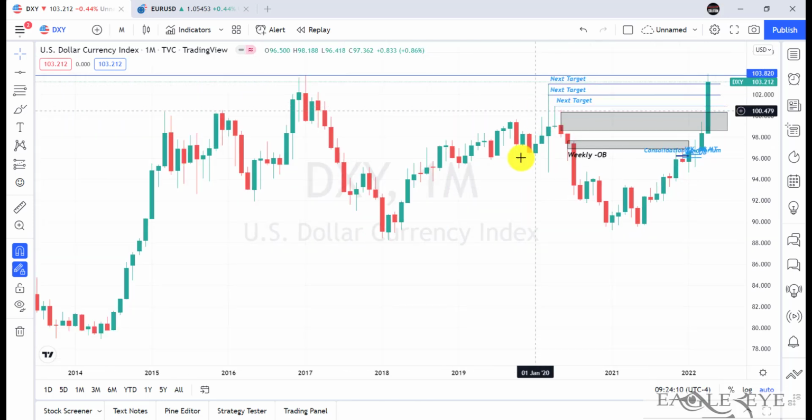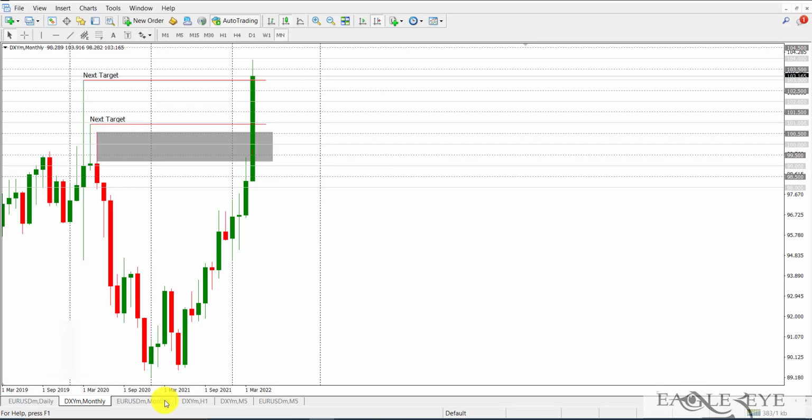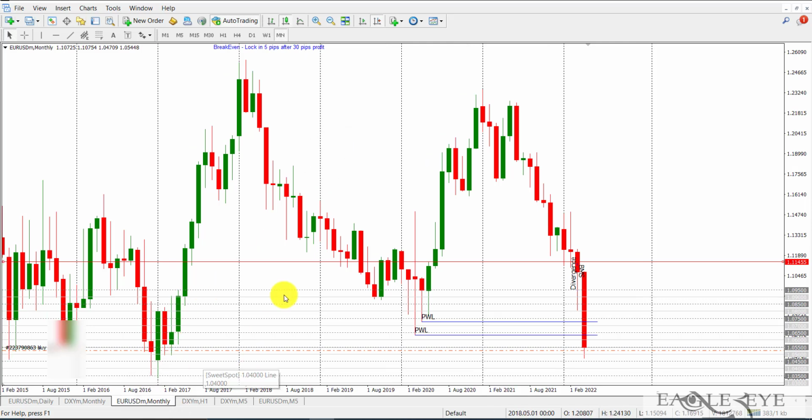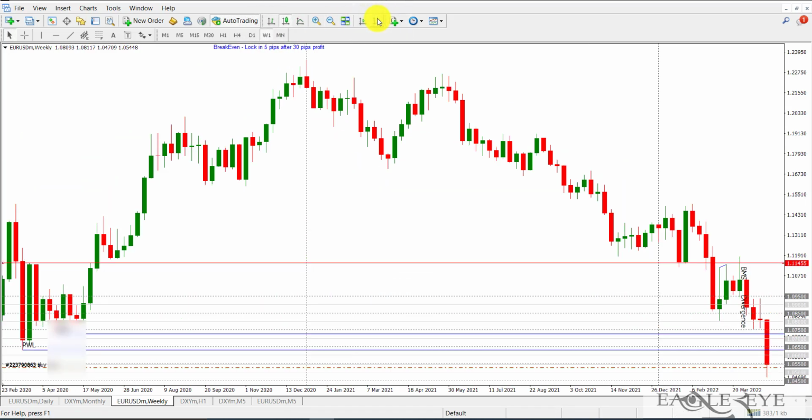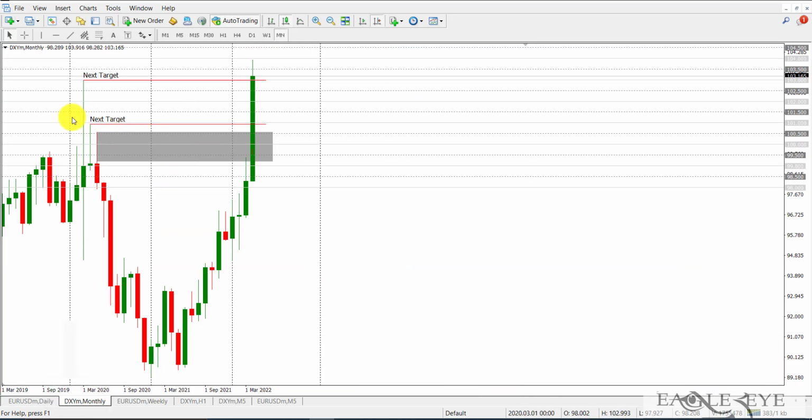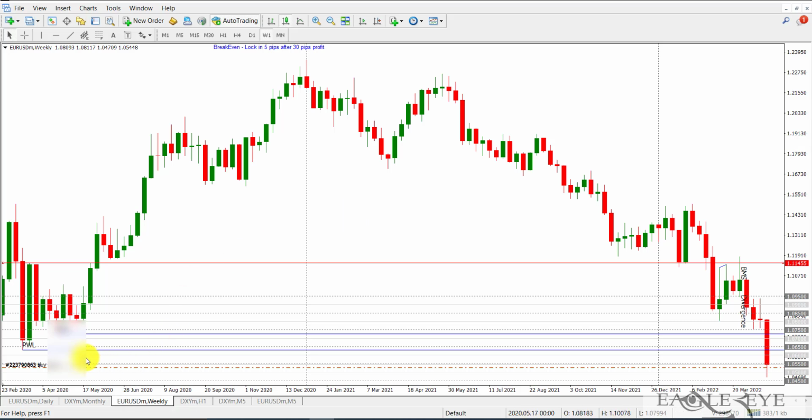So now let's head into the EURUSD. If you take the EURUSD, you would see that the same thing has been done. Let's go back to the weekly. As I was expecting the dollar index to take out these highs, this high and then this high, I was also talking about the fact that the EURUSD is most likely going to take out this low and then this low.